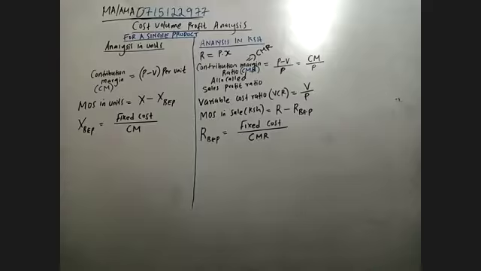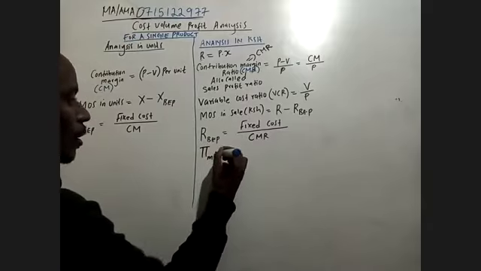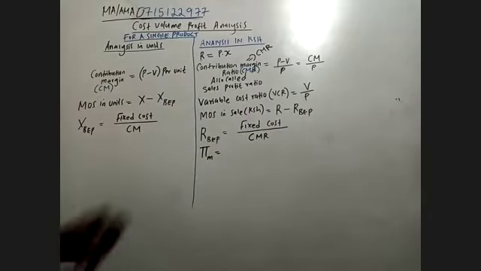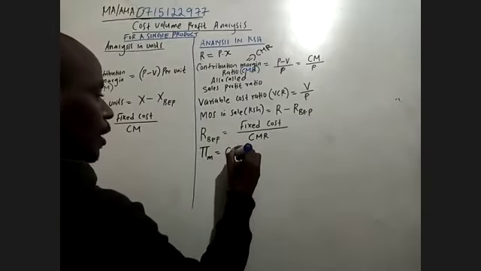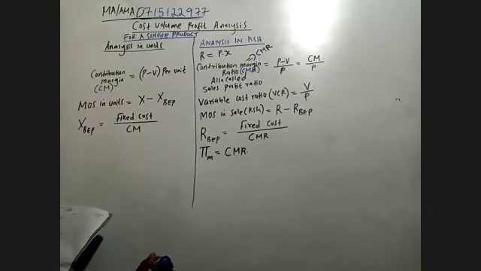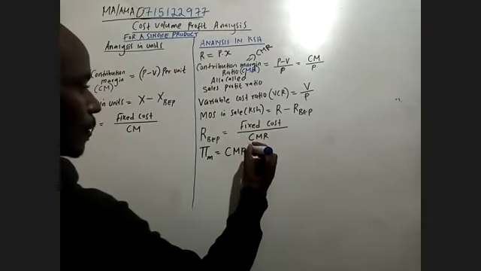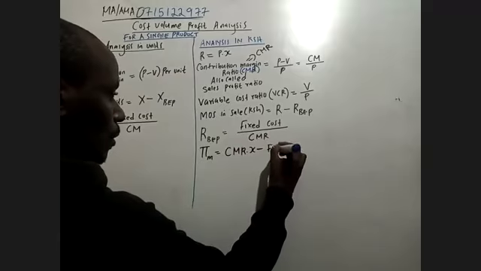The other one is revenue. Now, profit made in shillings. That one is CMR, contribution margin ratio. We multiply with our X, then we less fixed cost.